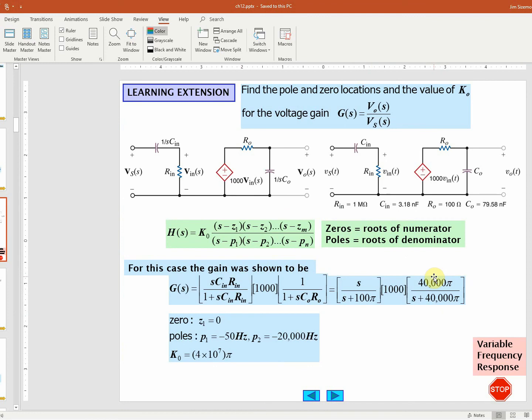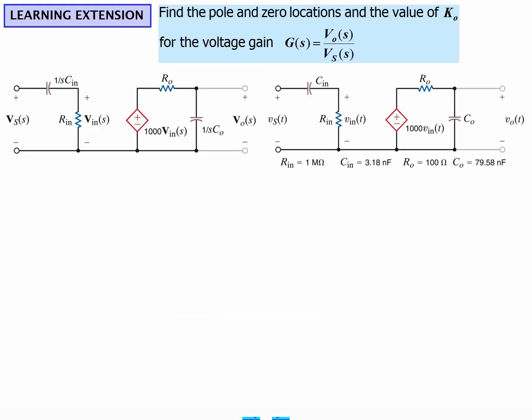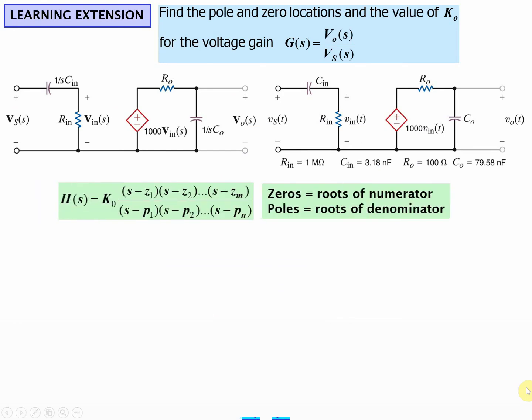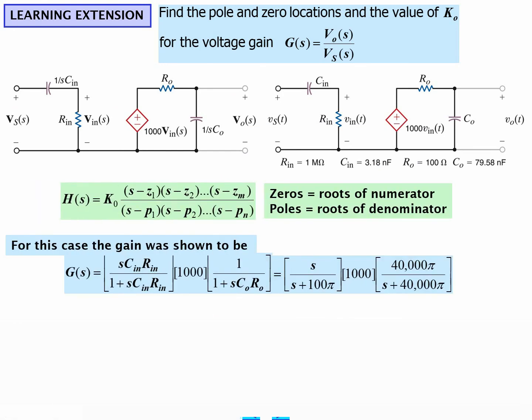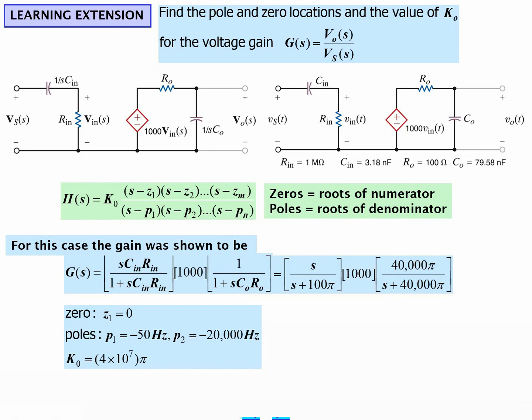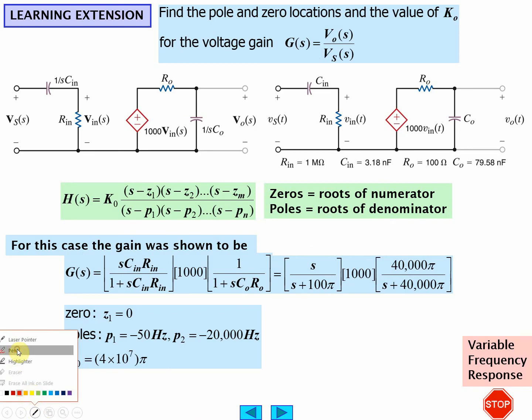Same expression. Now we want to find the poles and zeros. Well, the zeros are going to be 0 in the case of S. There, the gain expression. So 0. It's the only zero on the top.